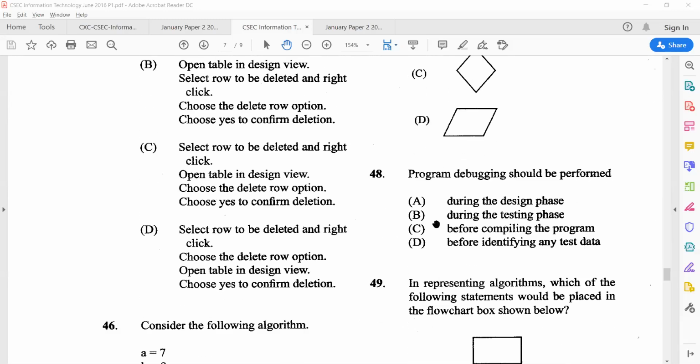A48, program debugging should be performed when? At which stage should program debugging be done? We have during the design phase, during the testing phase, before compiling the program, before identifying any test data.